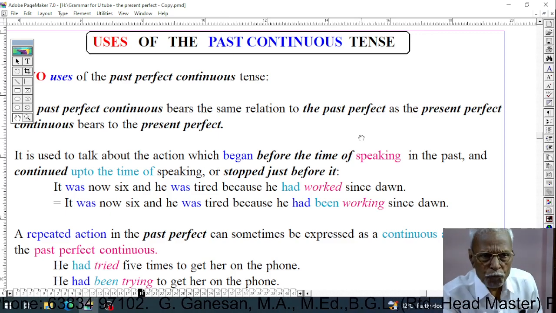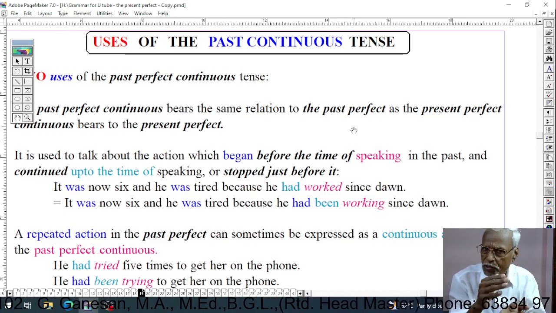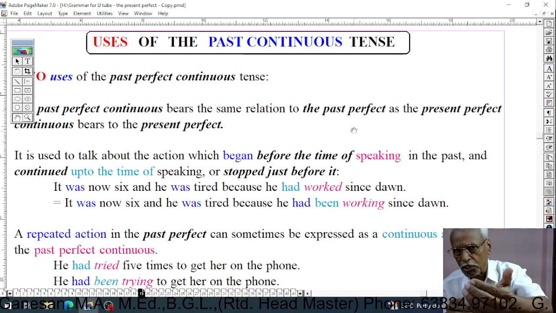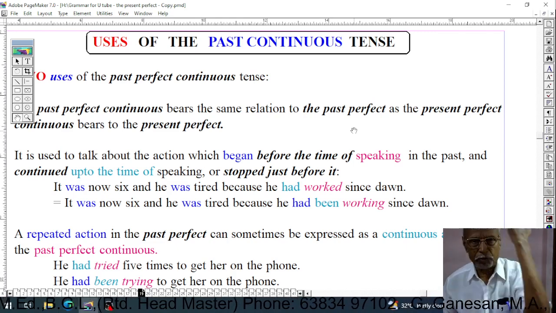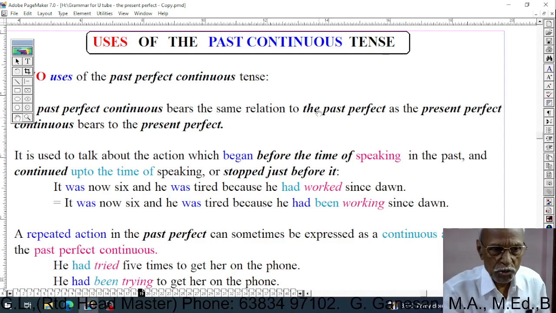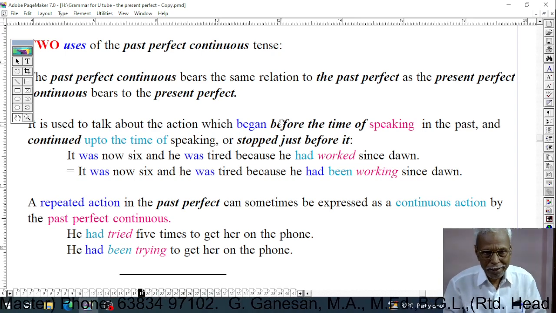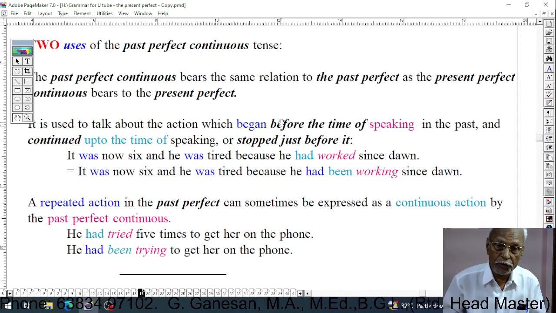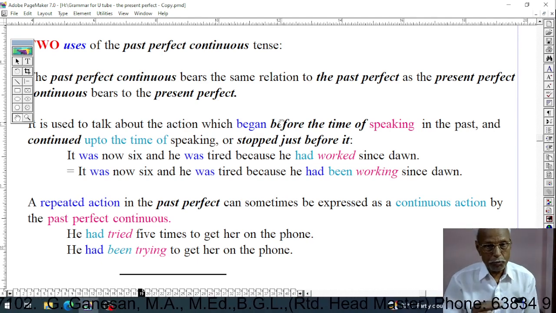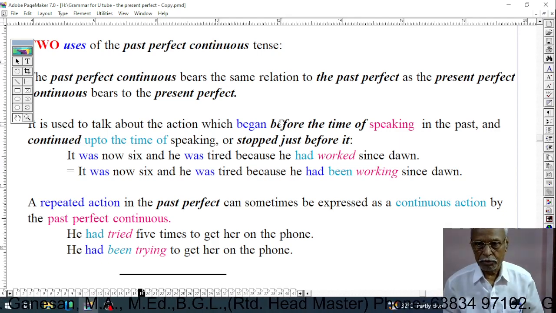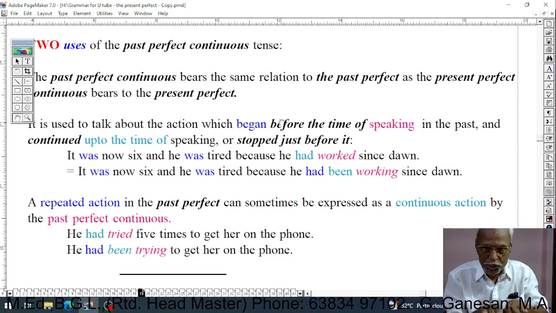So in this way, the past perfect continuous has some relation with the past perfect, as the present perfect continuous has its relation with the present perfect. It is used to talk about the action which began before the time of speaking in the past and continued at the time of speaking or stopped just before it.